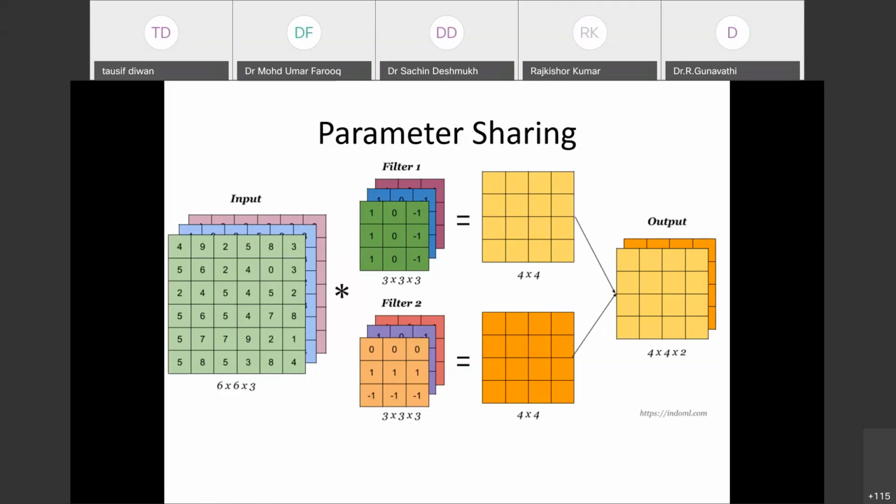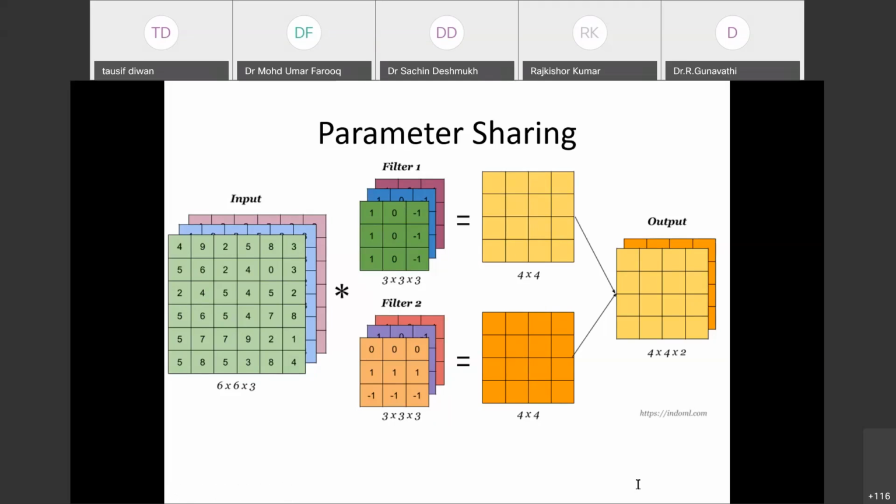For the first channel, how many weights are associated? 9. So in total, how many weights will be associated with all 3 channels? 27. So 27 weights plus 1 bias. How many parameters will be associated? 28 is the final answer.